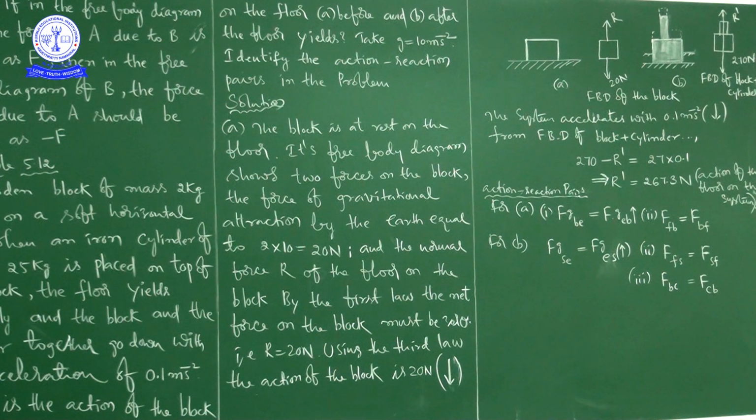That is the reason we are writing 270 minus R dash equal to 27 into 0.1. So mathematically you can find the R dash value, it is 267.3 newtons. In the bracket I have written, action of the floor on the system, that is vertically downward.